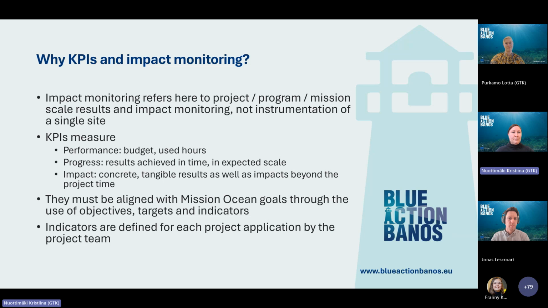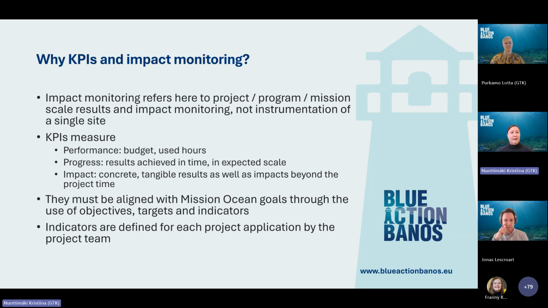So why are key performance indicators and impact monitoring important? By impact monitoring, we refer here to the project or program or mission scale results and impact monitoring, not any specific instrumentation of a single site or measuring any certain parameter, but rather the tangible results and outcomes of your project.